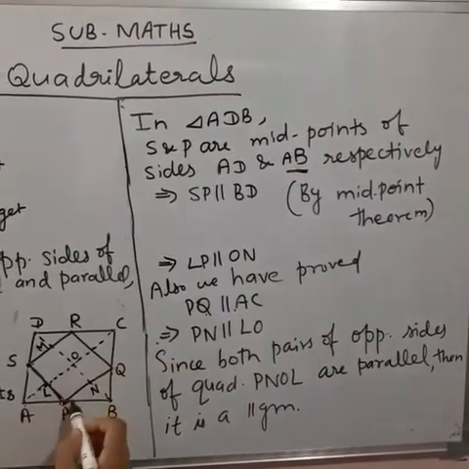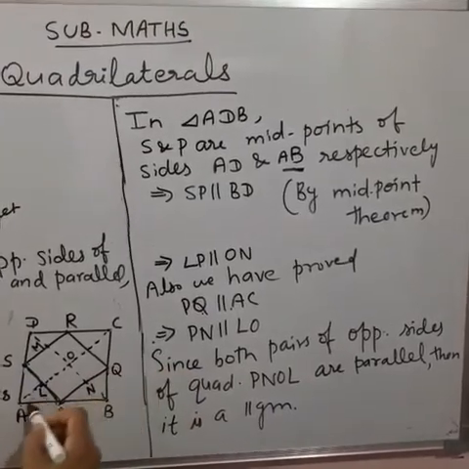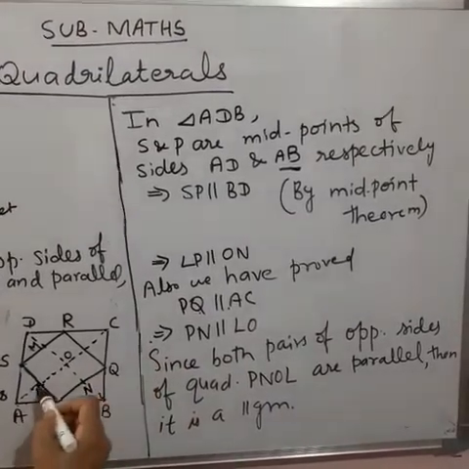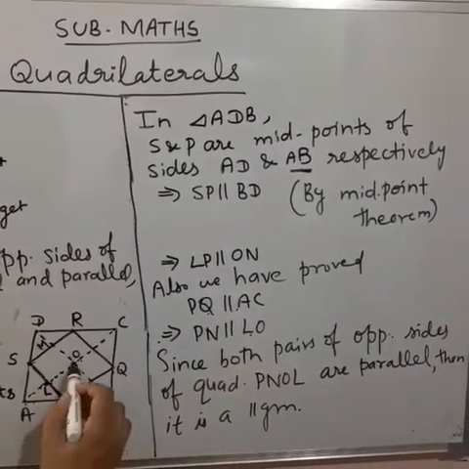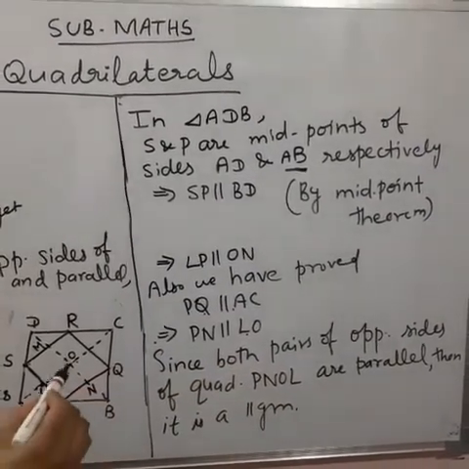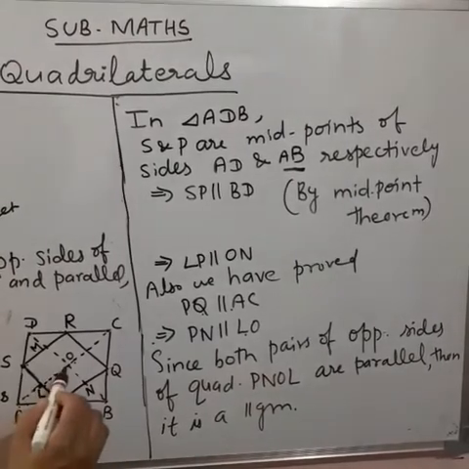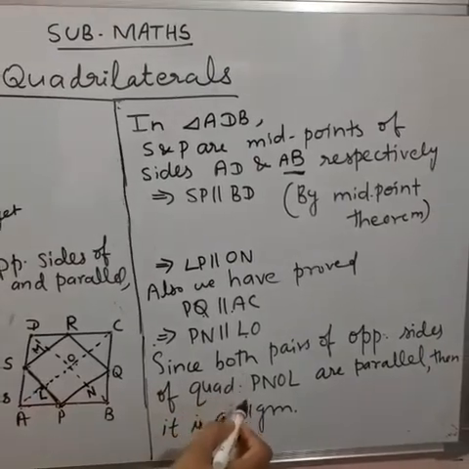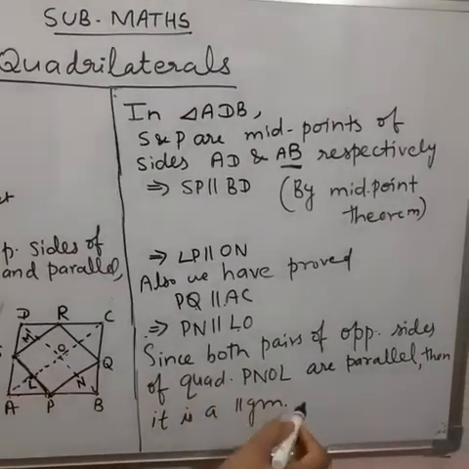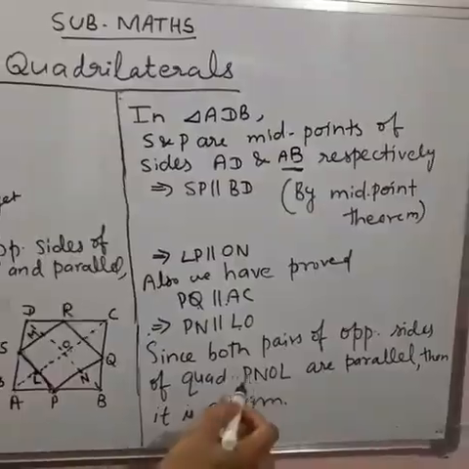If PQ is parallel to AC, then PN parallel to LO. Now, in quadrilateral PNOL, we have proved PL parallel to ON and PN parallel to LO. Since both pairs of opposite sides of quadrilateral PNOL are parallel, it is a parallelogram.